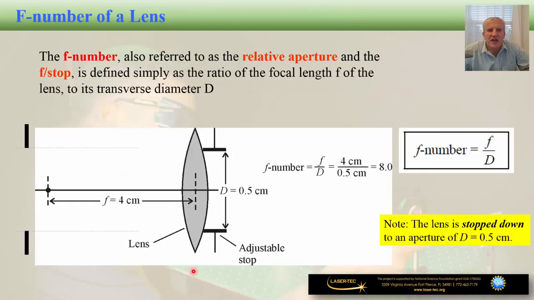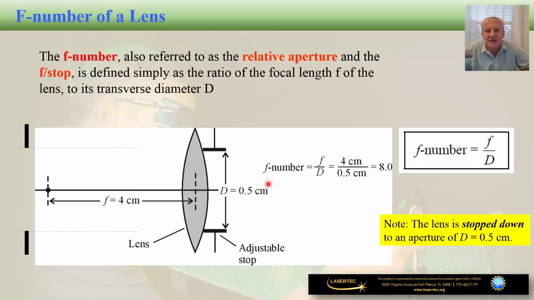So the F number, which is also referred to as the relative aperture of the lens, is defined simply as the ratio of the focal length of the lens to its transverse diameter. So you can see this shutter here that's opening a certain aperture and passing the light towards the lens, and that aperture has a specific diameter that's labeled here as the capital D. So if we take the focal length of the lens and divide by the diameter of this aperture, we're going to get this so-called F number.